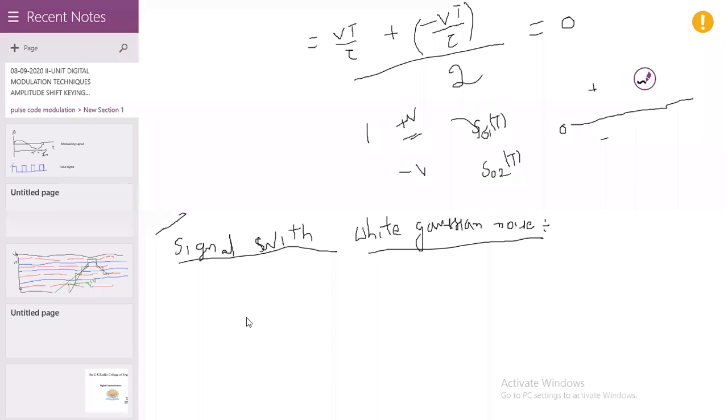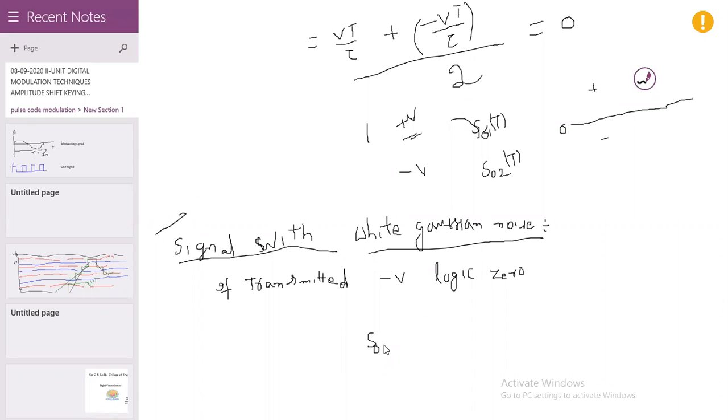If the transmitted signal is minus V volts, that is logic 0, then in this case with noise, what is the decision boundary?